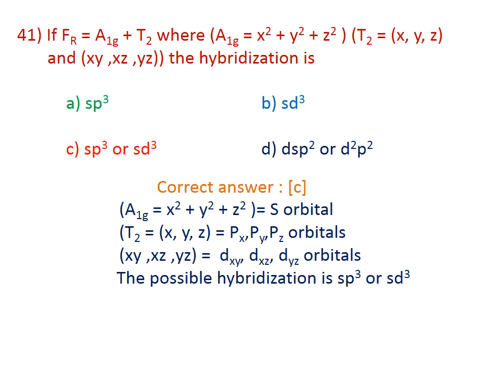T2 x, y, z represents px, py, pz orbitals. xy, xz, yz represent dxy, dzx and dyz orbitals.